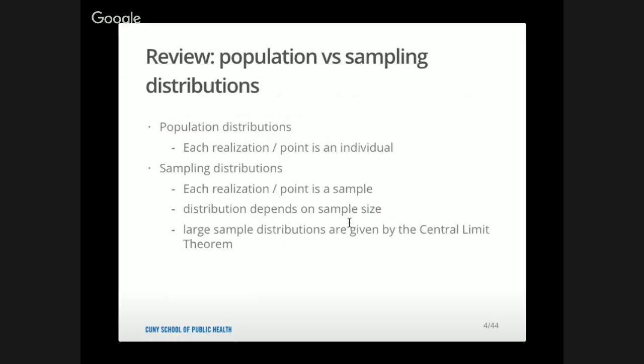That distribution depends not only on properties of the population, but also on the sample size. And for large samples, the sampling distribution is known from the central limit theorem.